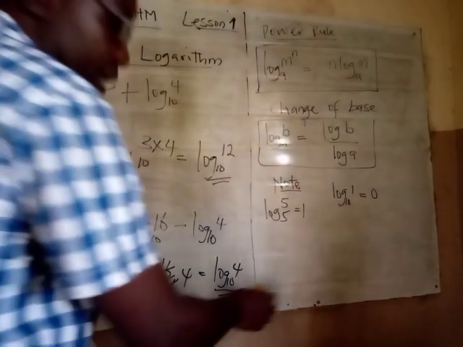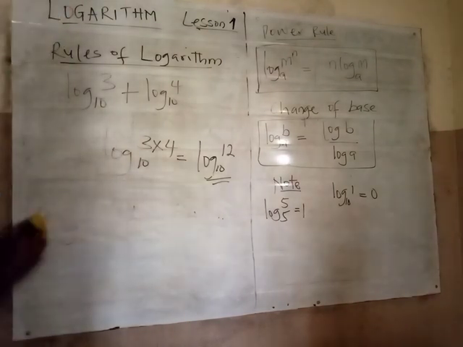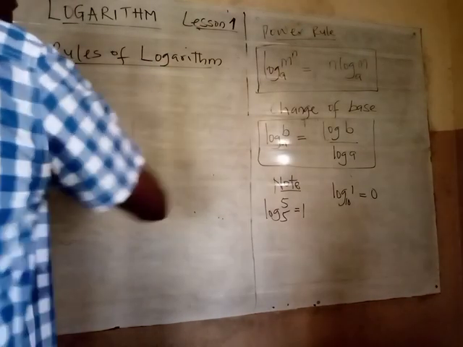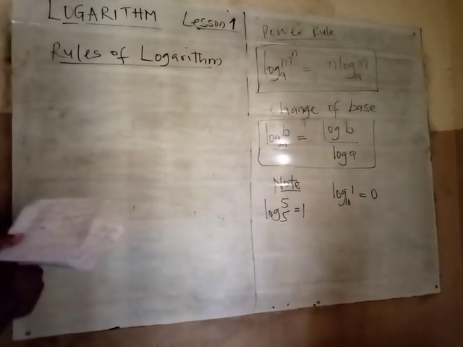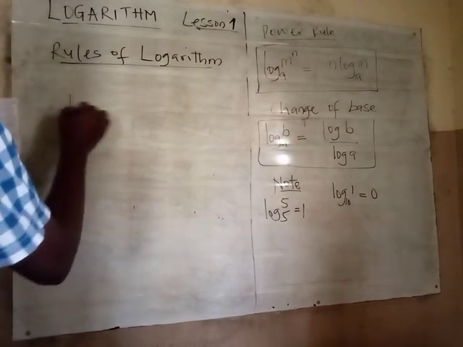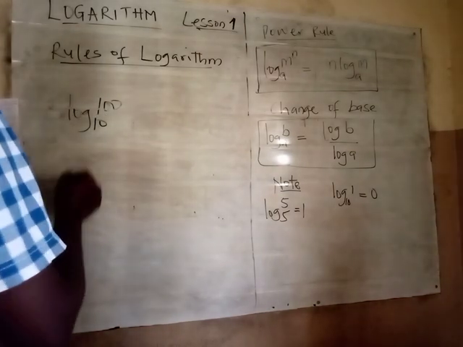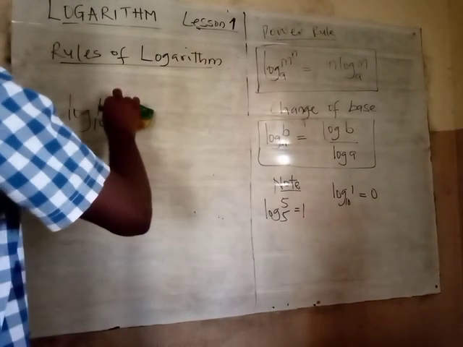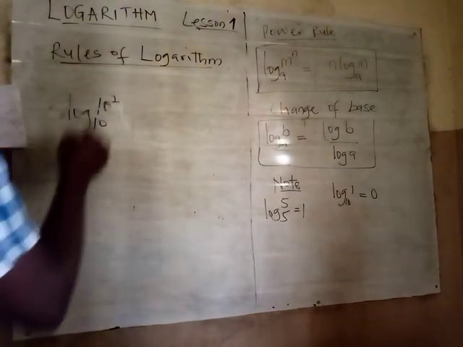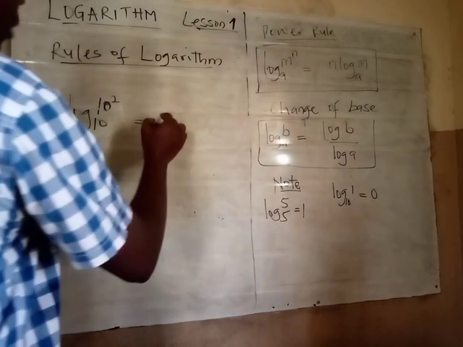Now we do the power rule. When we have something like log 100 base 10, that is log 10 raised to power 2 base 10, which is the same thing as 2 log 10 base 10.